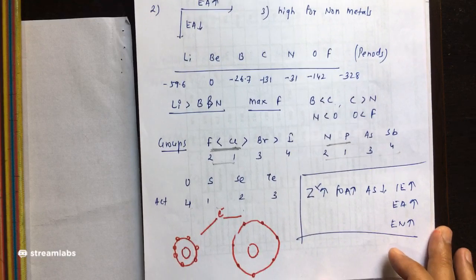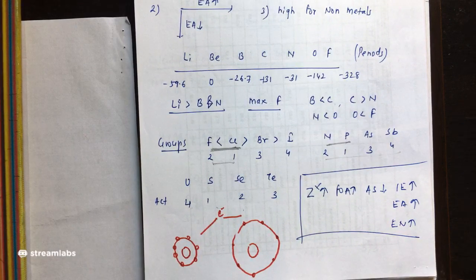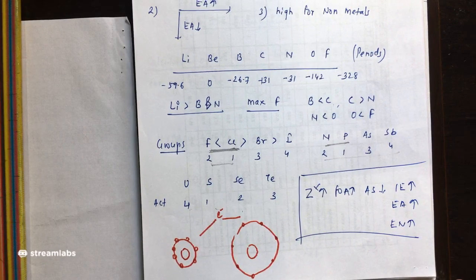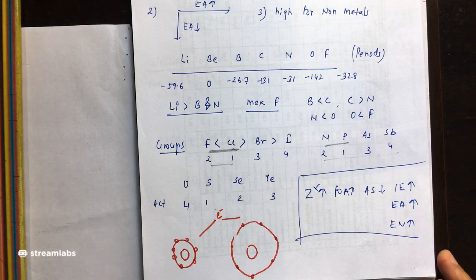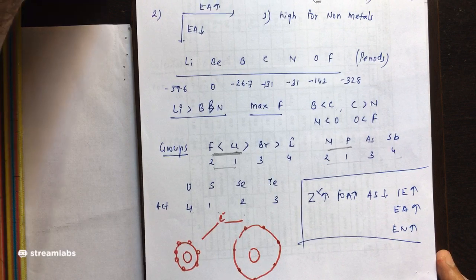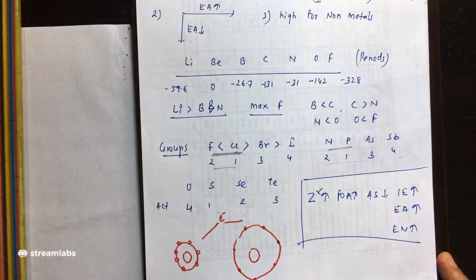Now compare across the period: lithium, beryllium, boron, carbon, nitrogen, oxygen and fluorine. Dear students, please remember lithium is an exception to boron and nitrogen.